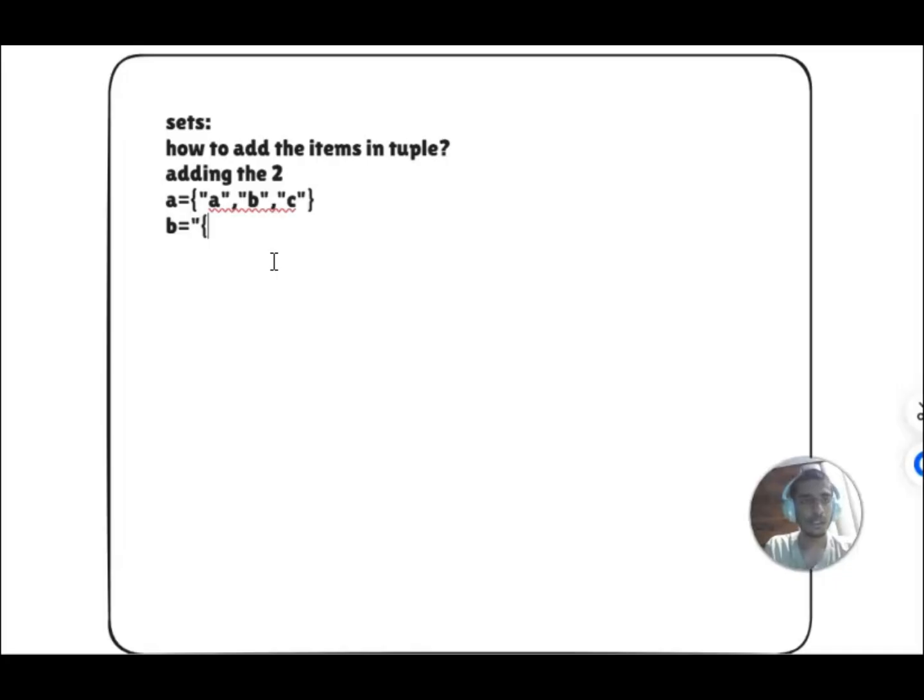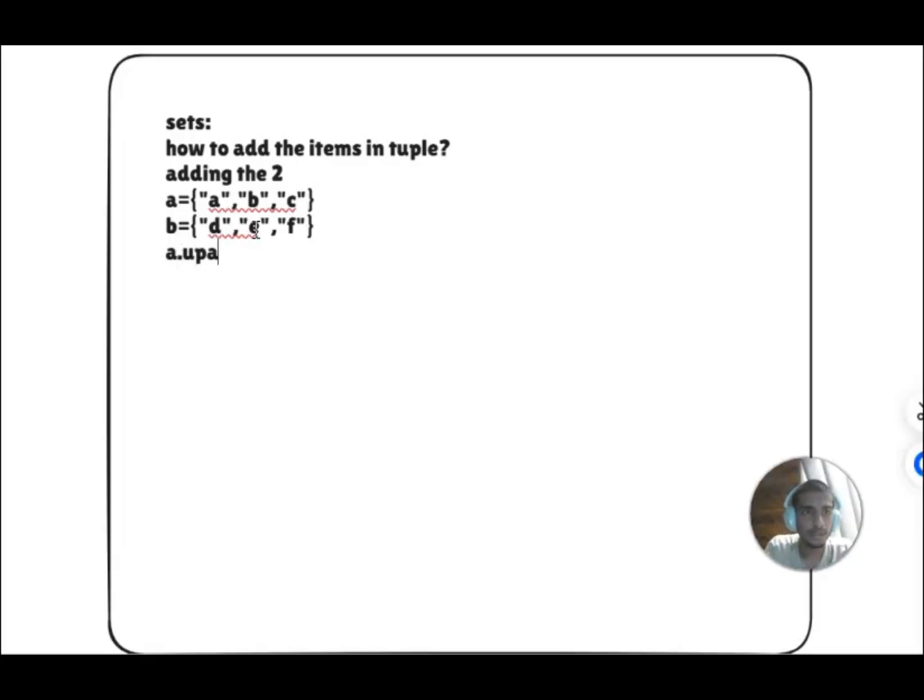The second set can be a list, tuple, dictionary, anything, but it can be done by the set. Now we use the update function for adding the two sets, or one set and one list, or one set and one tuple.